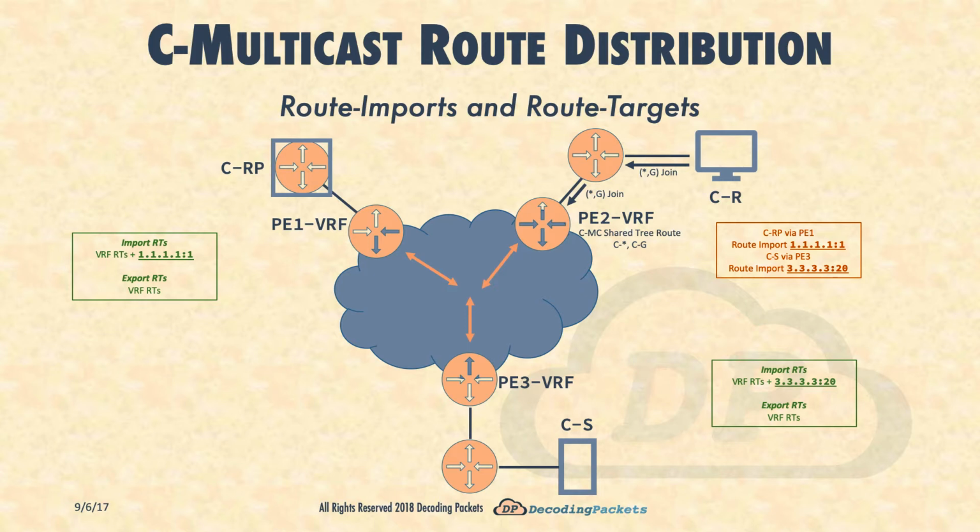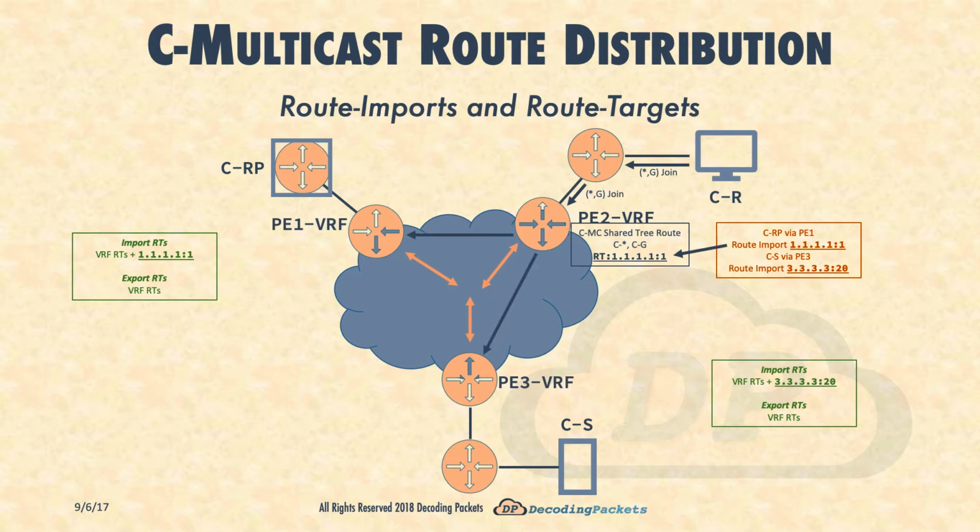What is new here is that in addition to the RPF information, the PE is also looking for the route import value that it knows it must find in this particular entry if the MVPN is correctly configured. So for C-RP, it will find the value and use it as, yes, a route target for the multicast route. With this new information, the route is now complete in a neat little bundle, and we can send it out to our peers.